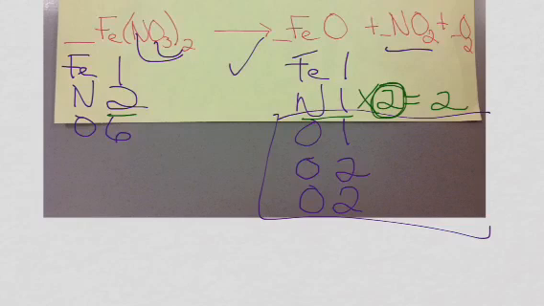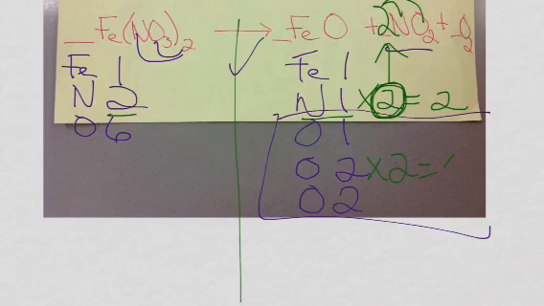This 2 that I multiplied by has to go in one of the blanks. It has to affect the right-hand side, so it has to be in either the second, third, or fourth blank, and it has to change N. Therefore, it has to go in here. So you're putting that 2 up there, and it multiplies times everything in there. So 2 times the N and 2 times one of the O's.